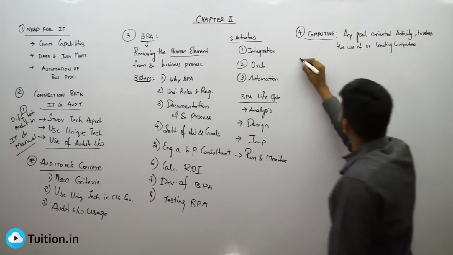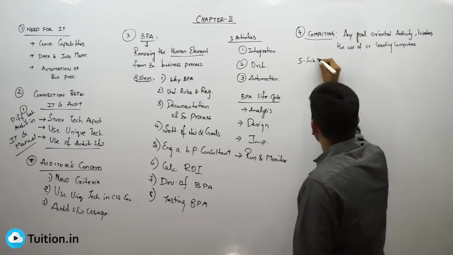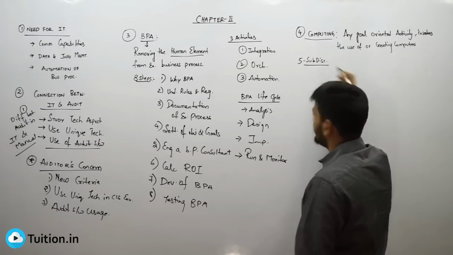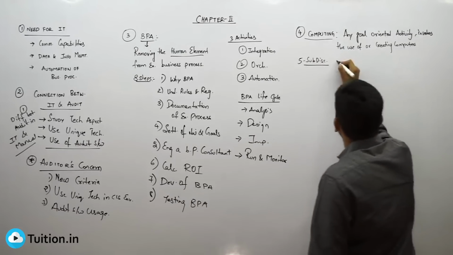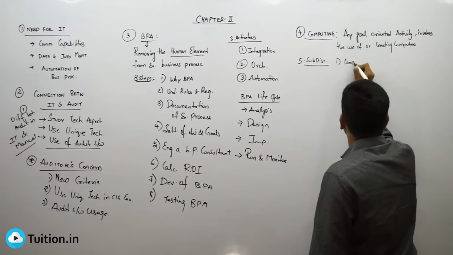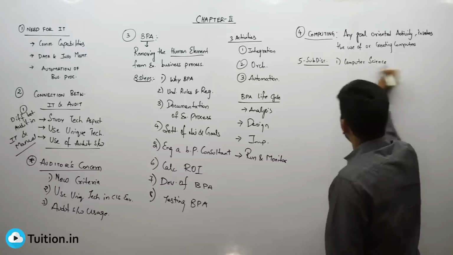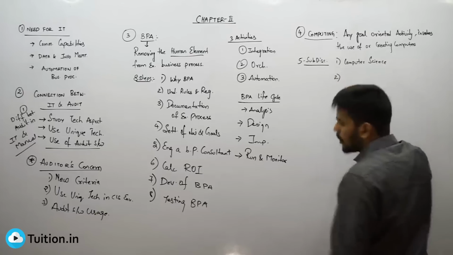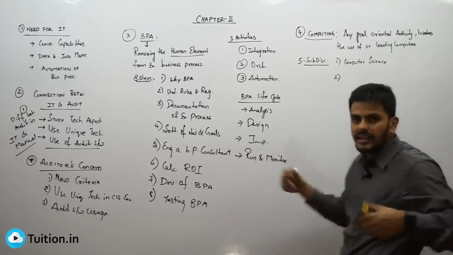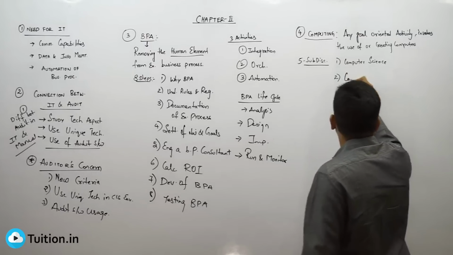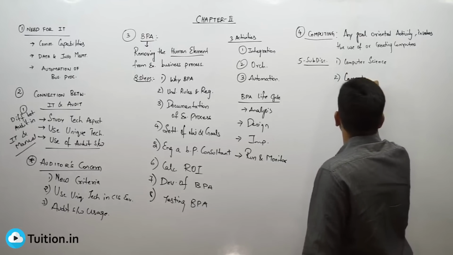The 5 sub-disciplines of computing are very important. This has been asked in the exam, right? First of which is called computer science. It's a study of what it is and all that. Second, it talks about 2 things, guys. One is about creating computers, which is both hardware and software, called computer engineering.